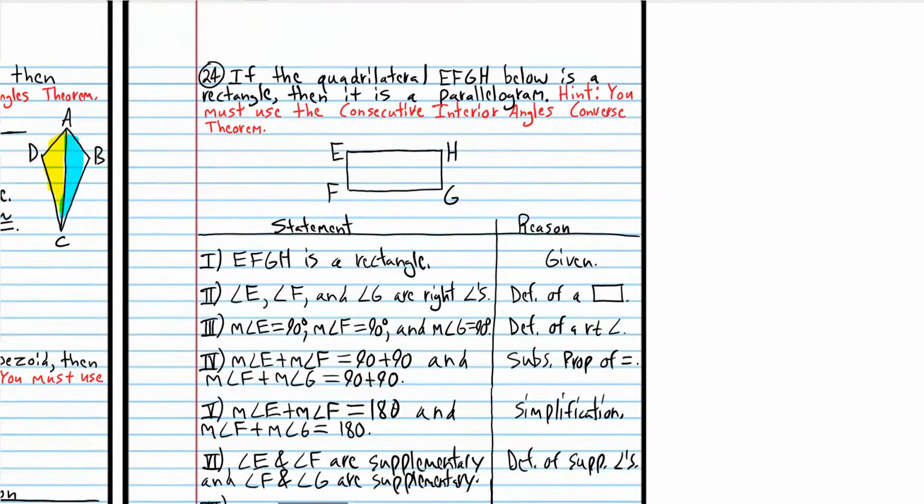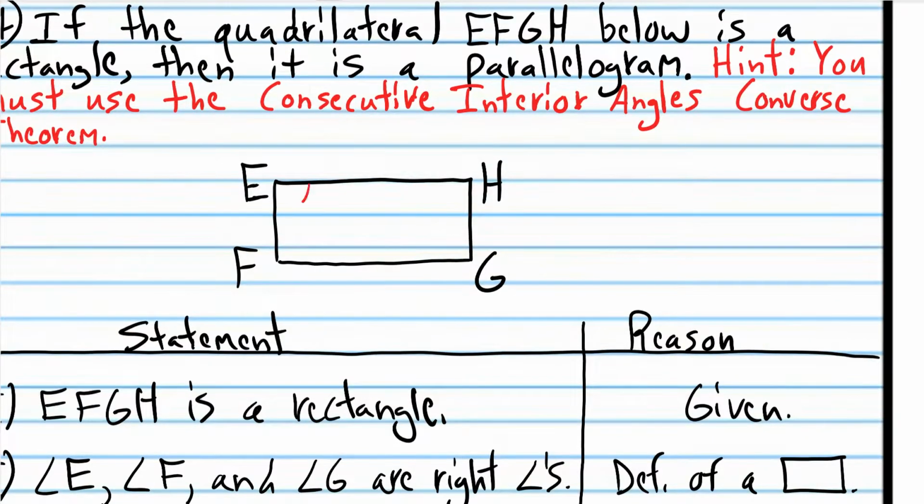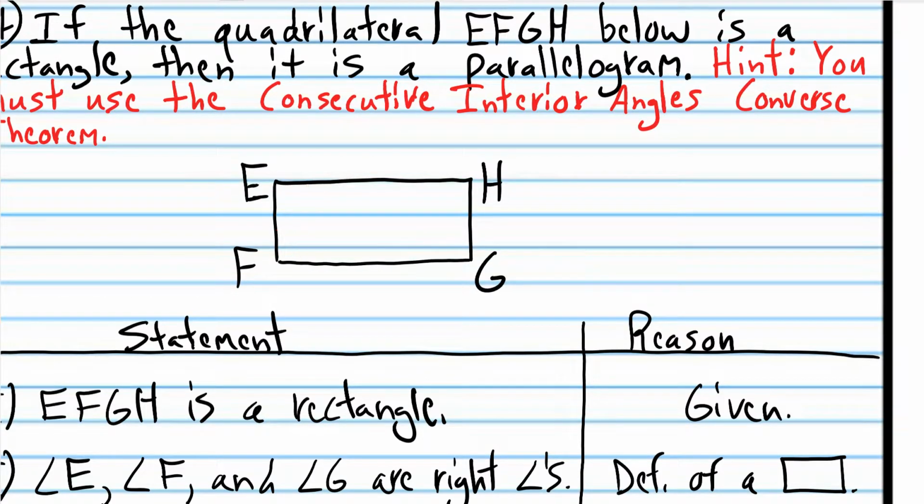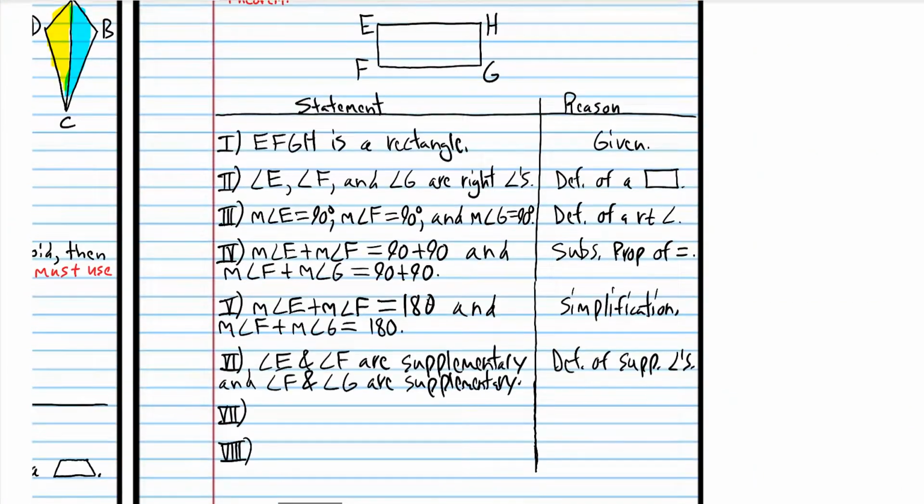If angle E and angle F are supplementary, that proves by the consecutive interior angles converse theorem that these two segments must be parallel. That's what we're trying to prove, because we're trying to show that it's a parallelogram. Parallelogram means two pairs of parallel sides.